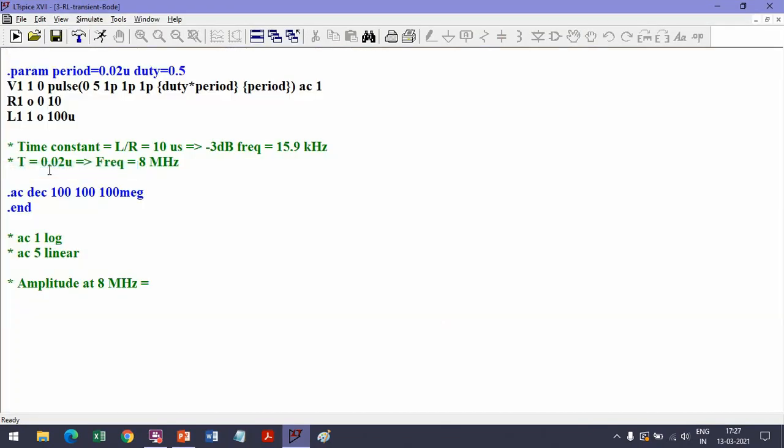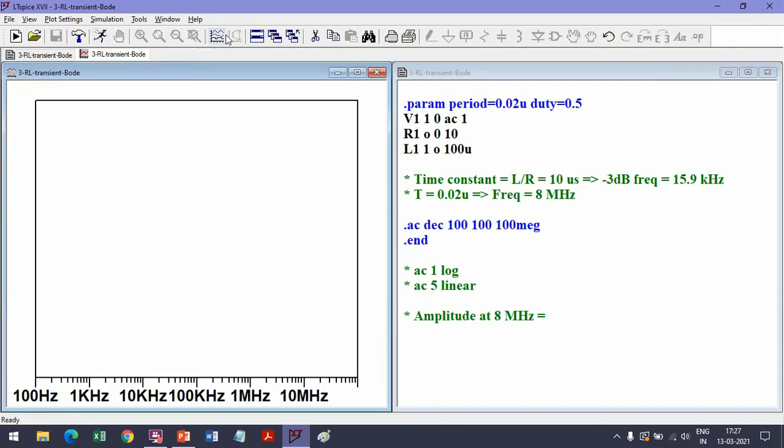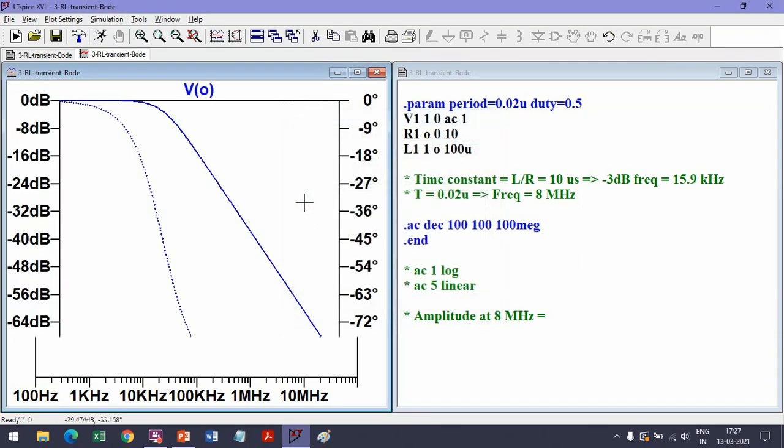This one. Same circuit. Now instead of a transient, we'll apply an AC, and we'll do an AC analysis. Let's run this. So now look at the output voltage.